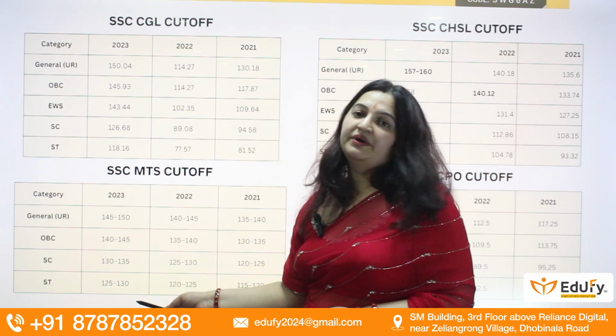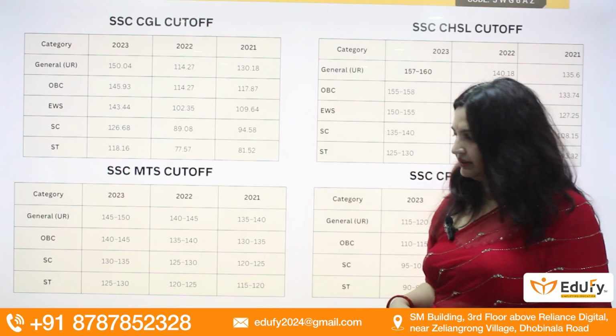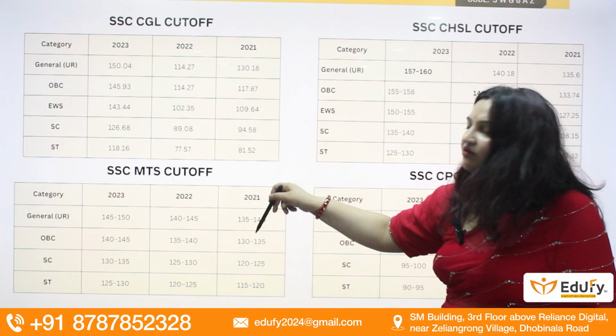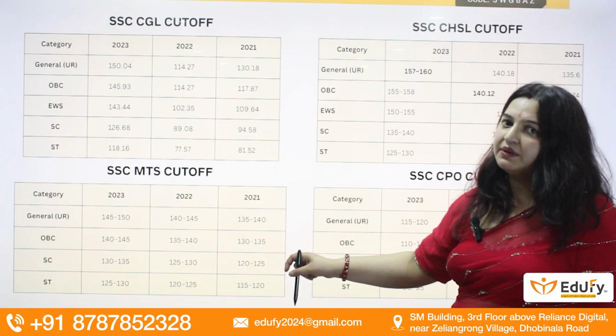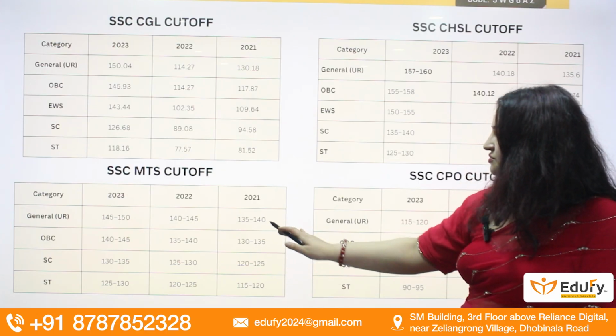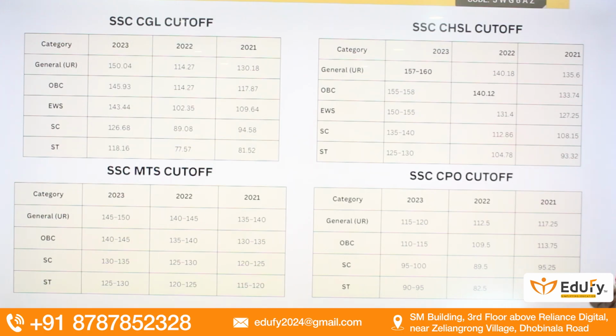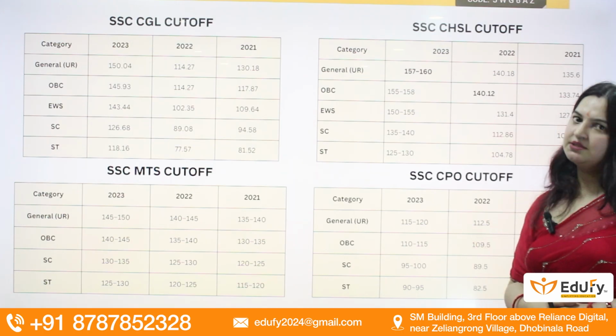For ST 125 to 130, and the same range is almost here. However, in 2021 the paper was tough, so the cutoffs were also comparatively lower. Depending on the toughness of the paper, cutoffs are decided, and how students are responding to this.